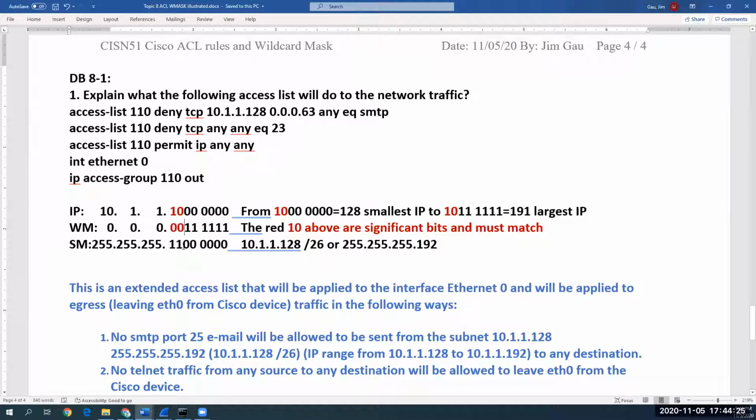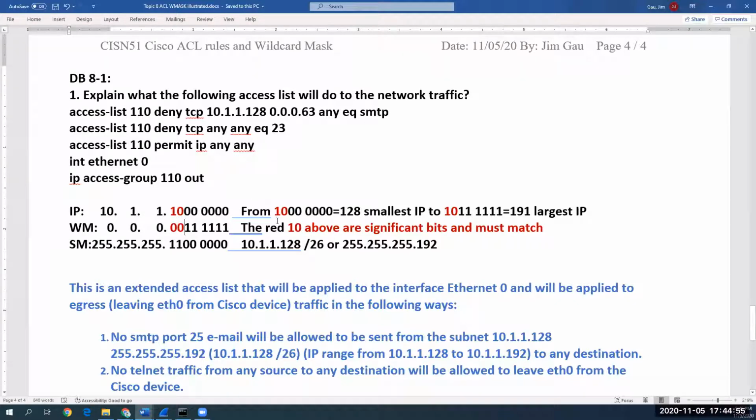Anyways, you can see that from this cursor here, on the left, all of those 24-bit, 25, 26-bit are significant. So in order for this line to apply to you, all these significant bits must match. So therefore, when the packet is coming in, it must carry the first 26 bits of 10.1.1, and the 25th and 26th bits are 1, 0.